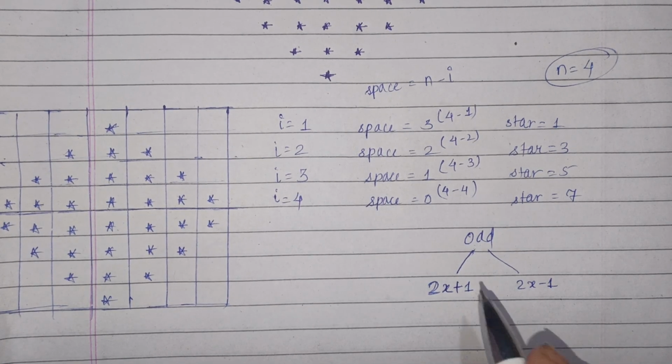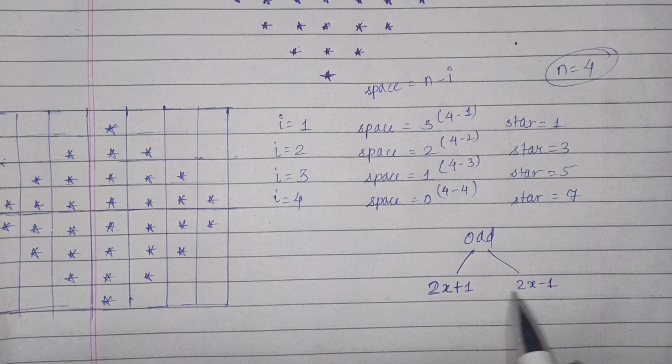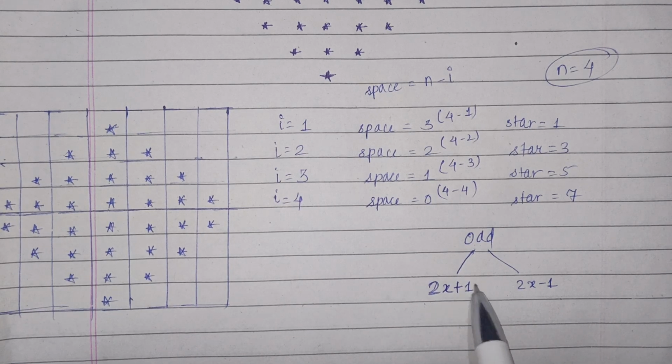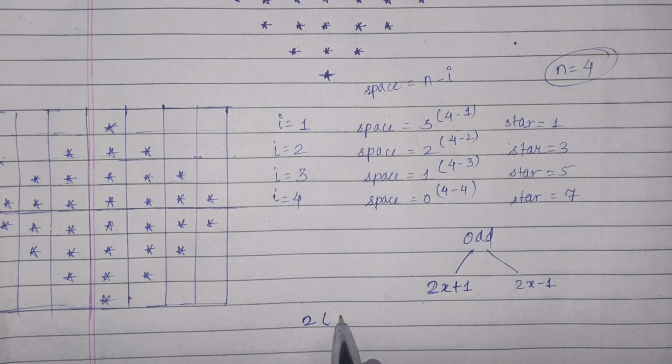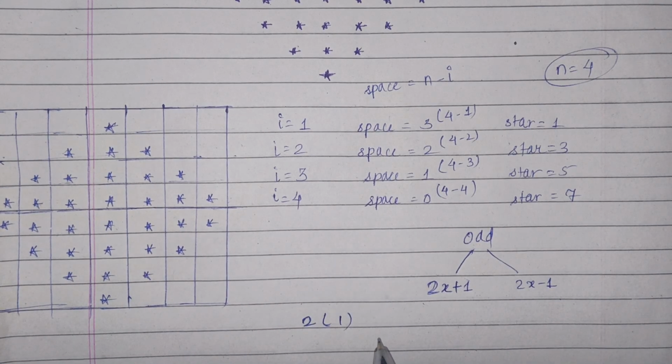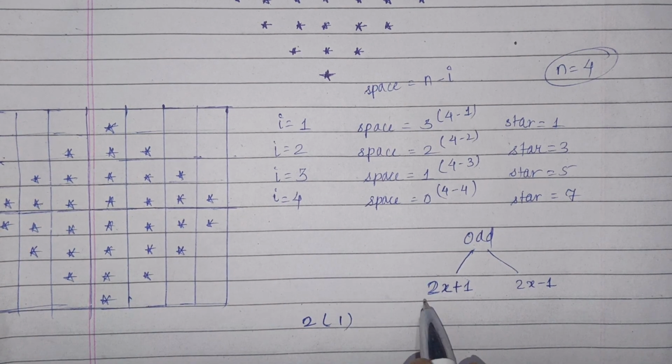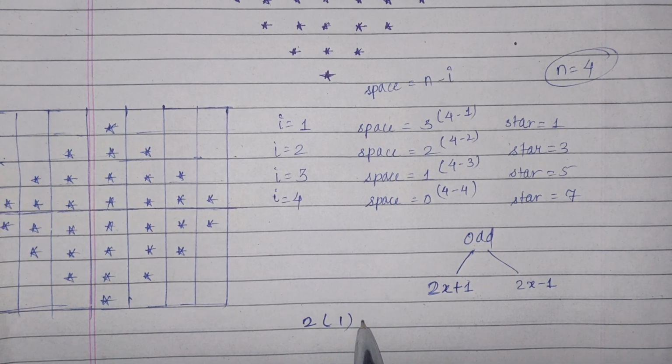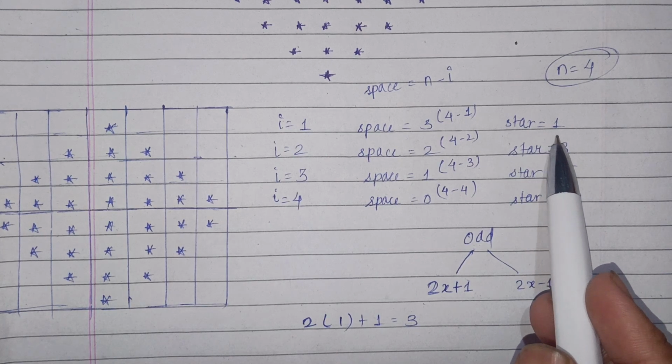Now let's check for this. For first, 2 into 1, the i value is 1, plus 1, the stars will be 1, 2 and 3. The stars will be 3. This is not fitting here because we have to print one star.